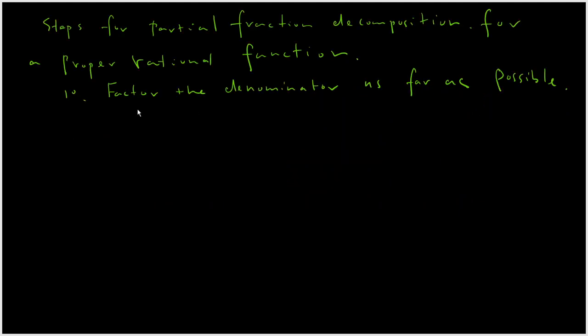I will complete the step procedures. I will give you some simplified version. It's not quite step 2. Step 1 is to factor the denominator as far as possible. It's not quite the step 2, but it's just a few cases, probably some cases.